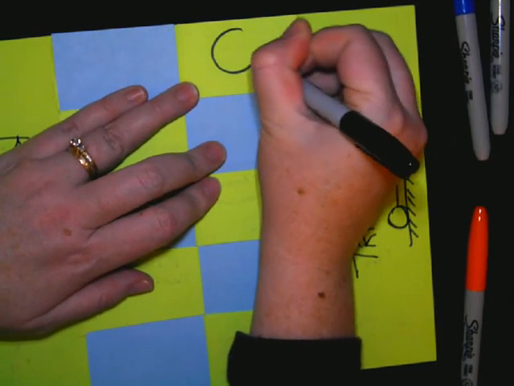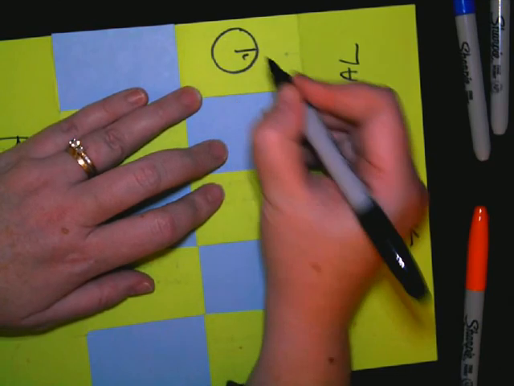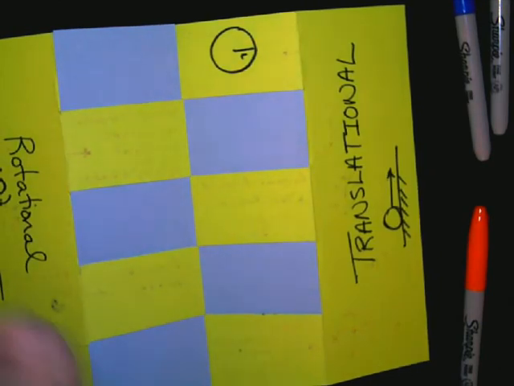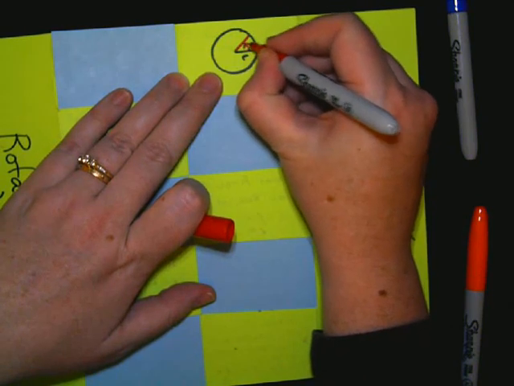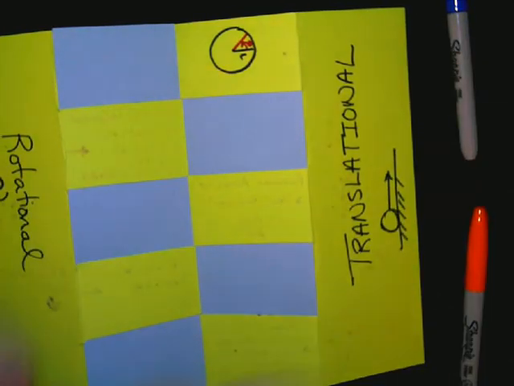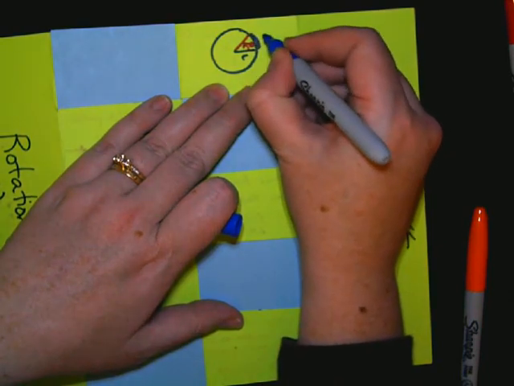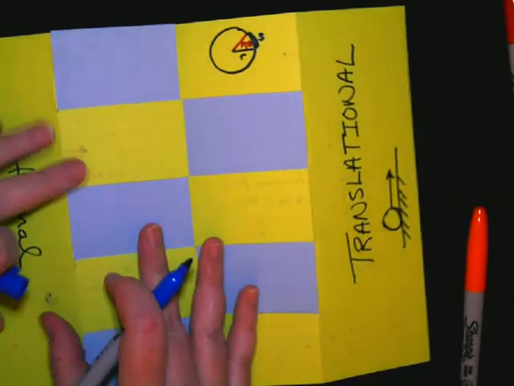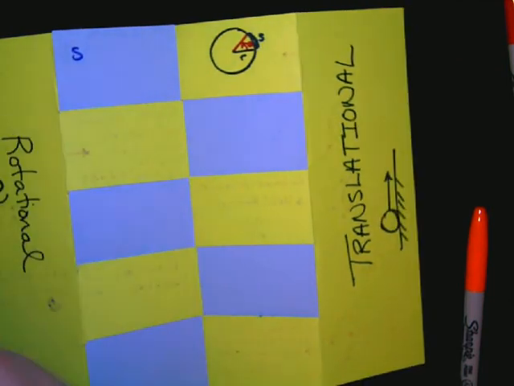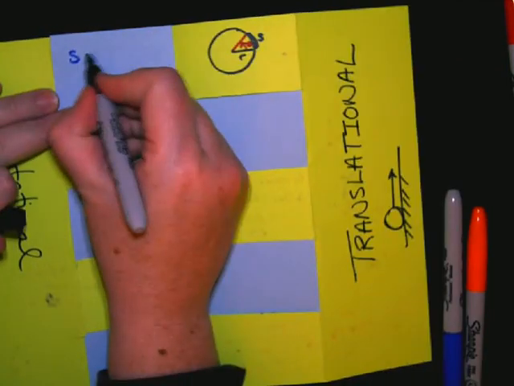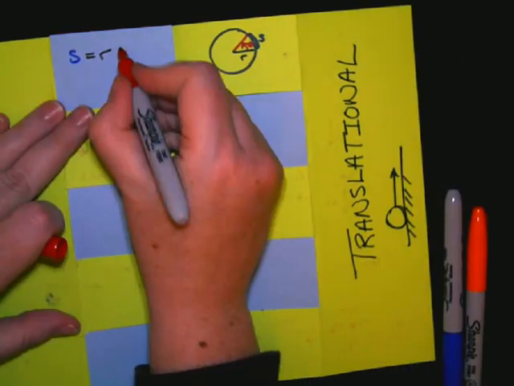So there's my circle again, and we'll have a radius of r, and theta is going to be A in this case, so there's theta. And then maybe S for arc length, like I said, is going to be right there. All right, and so what's going to happen is we have equations. I have that arc length is actually going to equal the radius times theta, just like so.